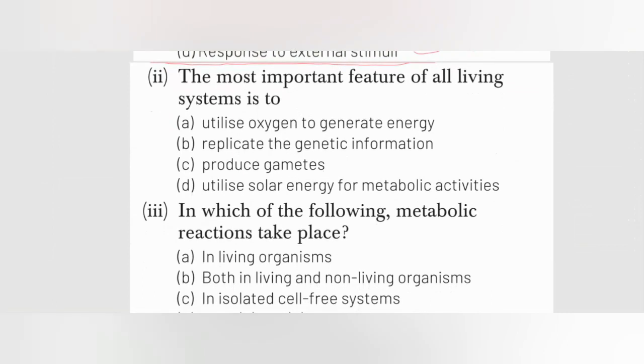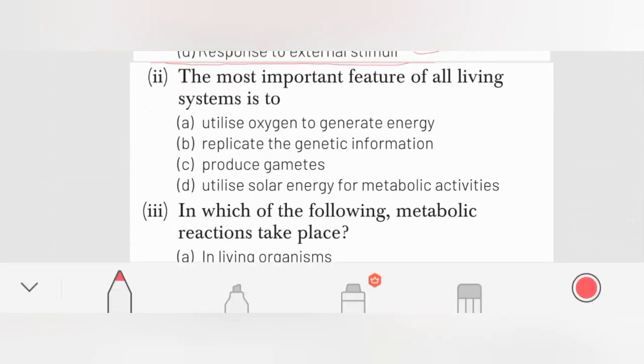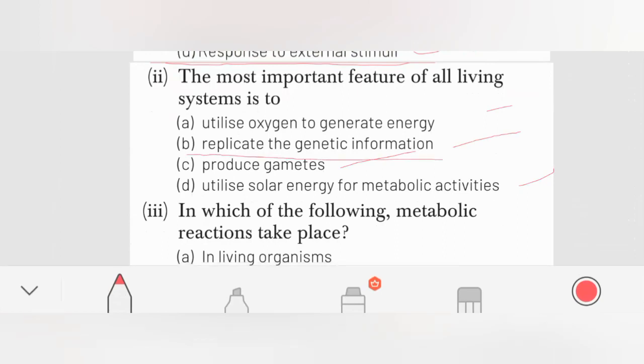Next, the most important feature of all living systems is to: options are given. Utilize oxygen to generate energy, replicate the genetic information, produce gametes, and the last, utilize solar energy for metabolic activity. Your answer is B, replicate the genetic information.